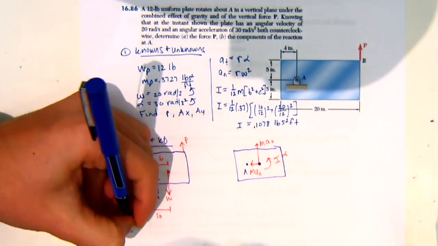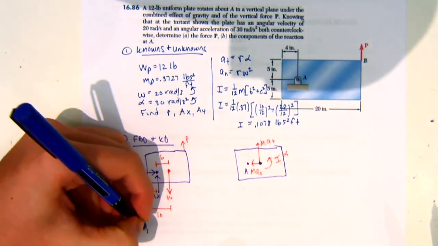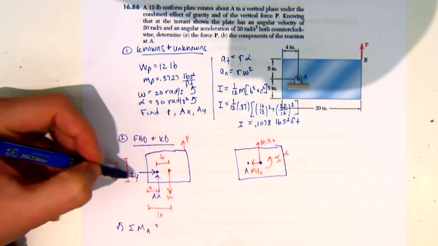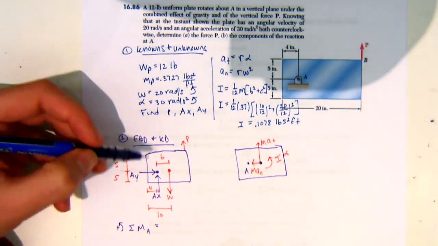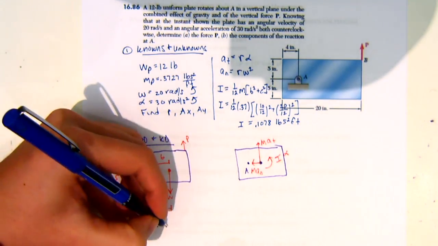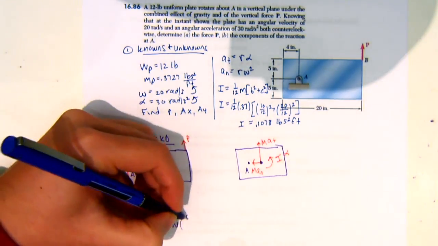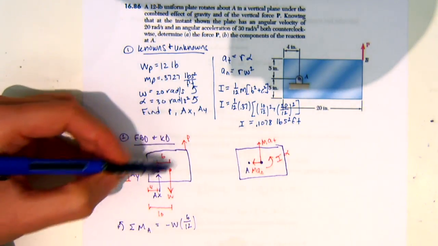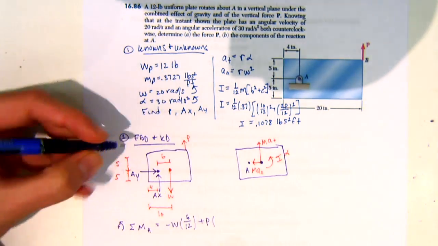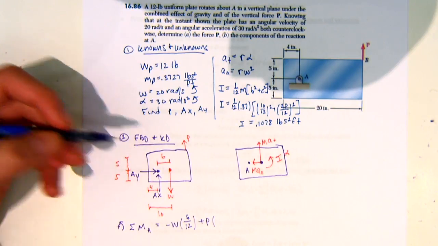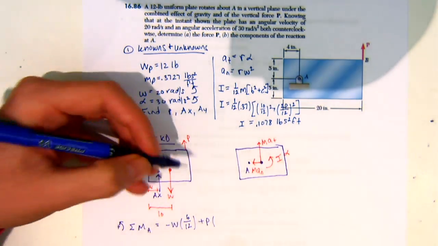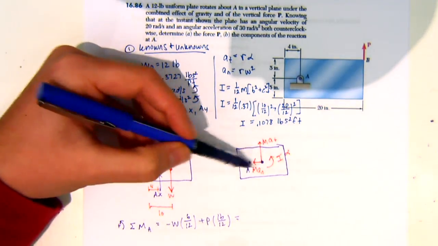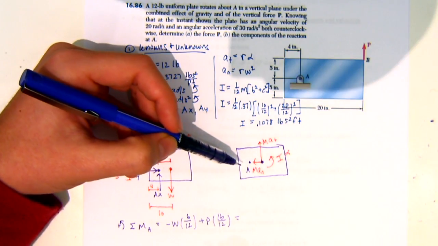So now if I do sum of moments about point A, AY and AX are 0 since they're at that point. I'm going to have negative W times 6 over 12 since I have to convert it to feet. Then I'm going to have P, which is positive, times 20 minus 4, so 16 divided by 12. And this is going to equal, on this side, MAN goes towards the center, so that's 0.